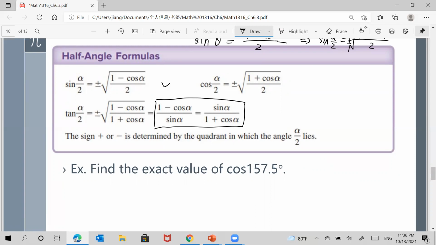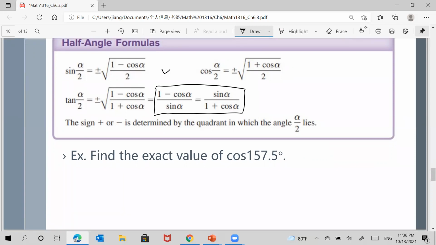Okay, so if I have a question, cosecant of alpha over 2, what is that? It's just 1 over the sine of alpha over 2. So if they are asking this one, just do the reciprocal.